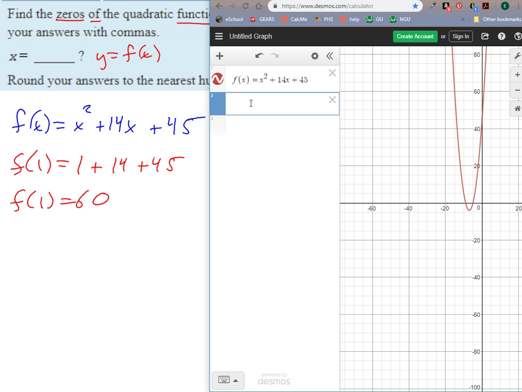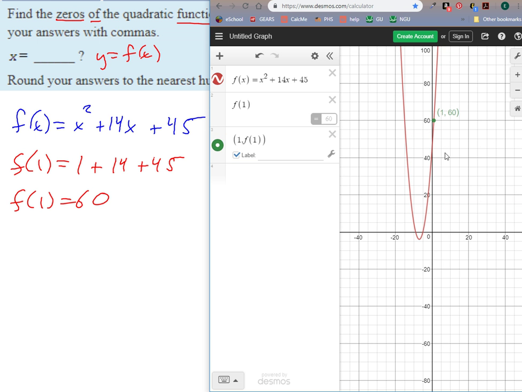So on Desmos, I could do f of 1, and look what it gives me, 60. Okay, I could graph a point. If I put parentheses here like an ordered pair, and I do 1, and I could put f of 1 for the y value, and look what it does. It gives me an ordered pair at (1, 60). There's the graph of that.